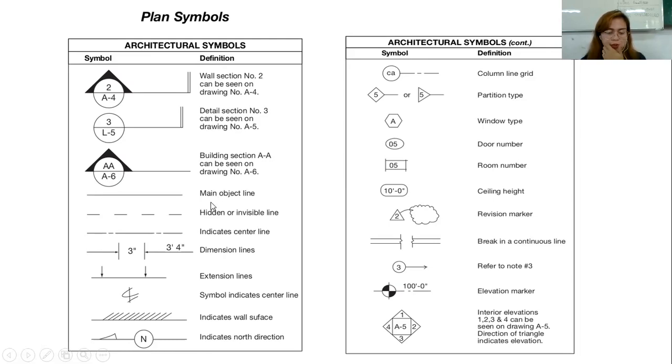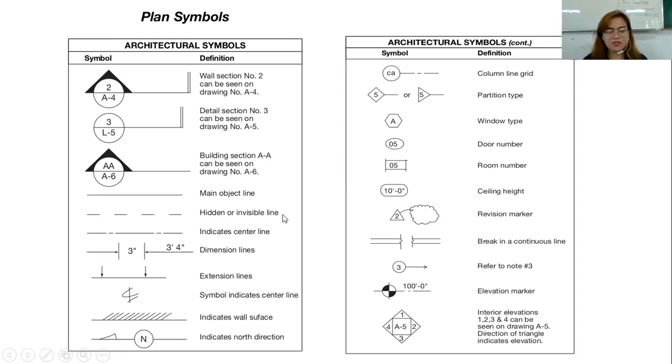Okay, so the main object line is a solid line. I think you've already discussed this as well. The hidden or invisible line is dashed. The main object line is usually thick for the line weights.